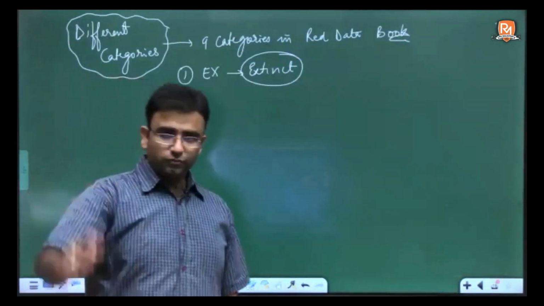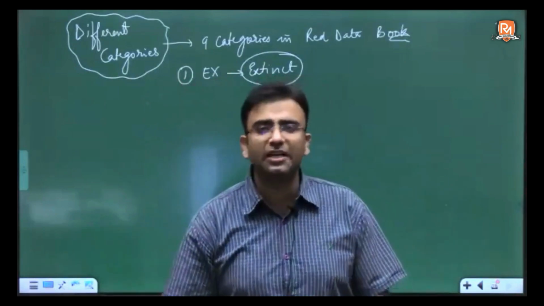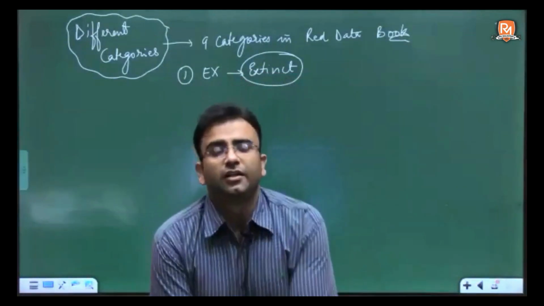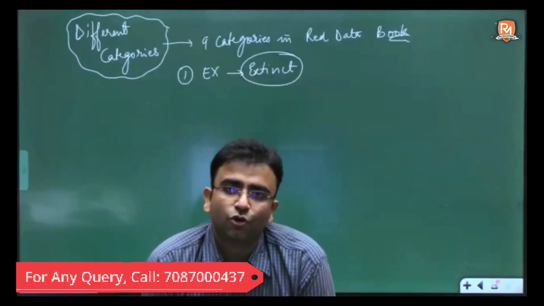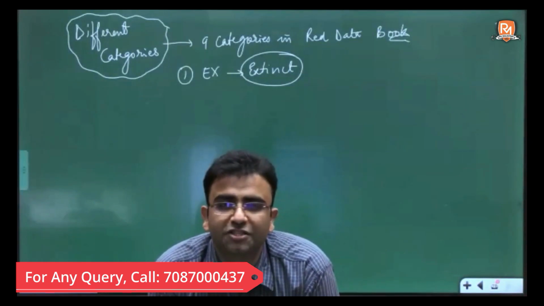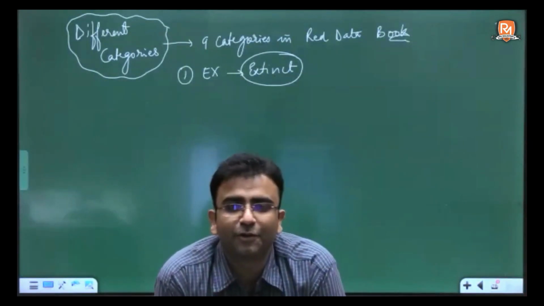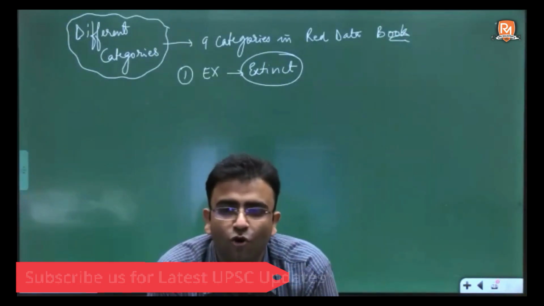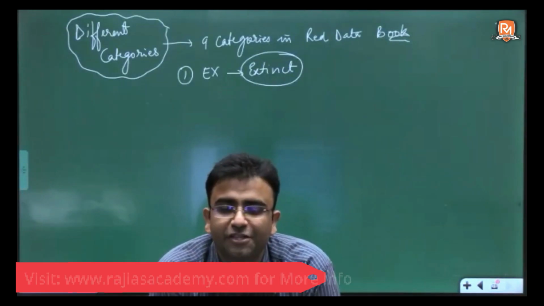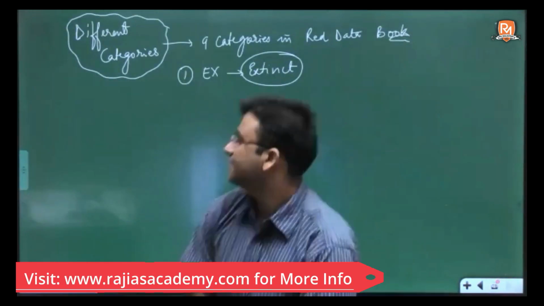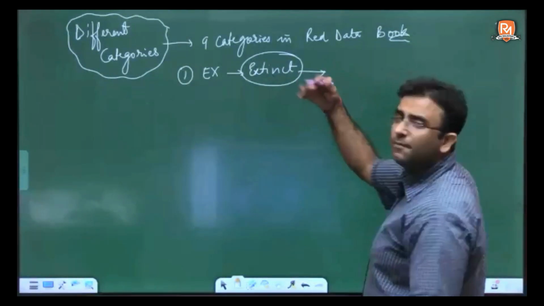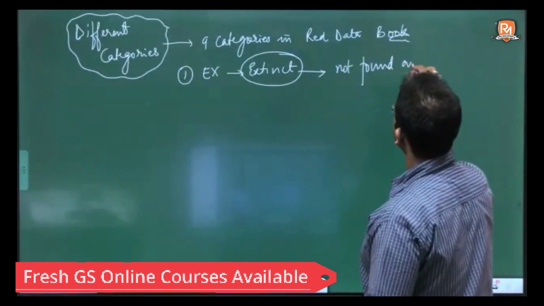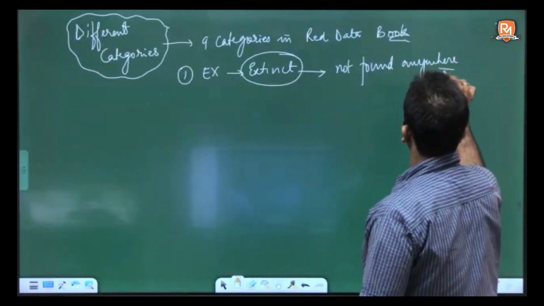Now they are not found. They are not found anywhere, nobody knows where they went. That is what extinct is. Things have gone. Dodo bird, yes, extinct. These species have become extinct, not found anywhere.